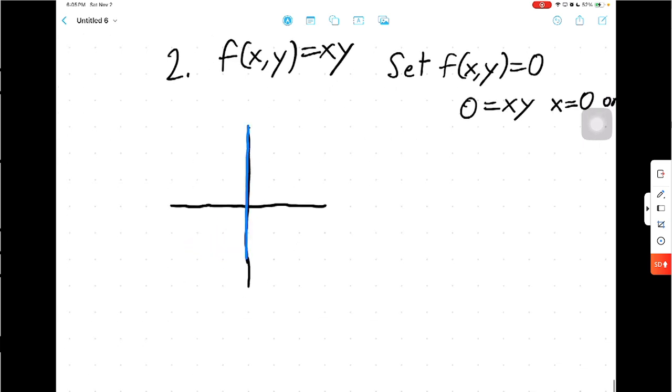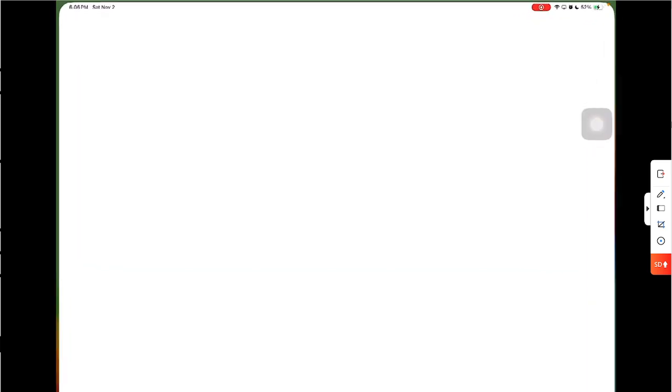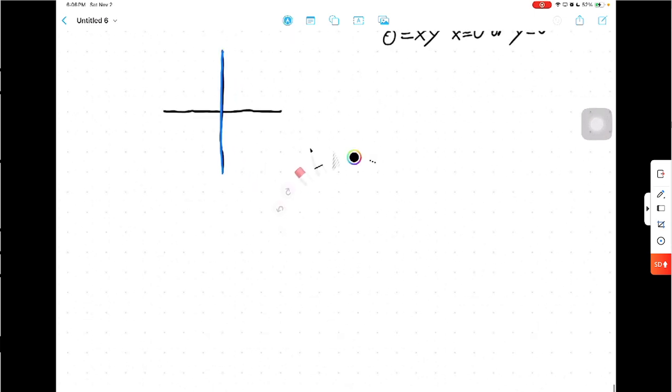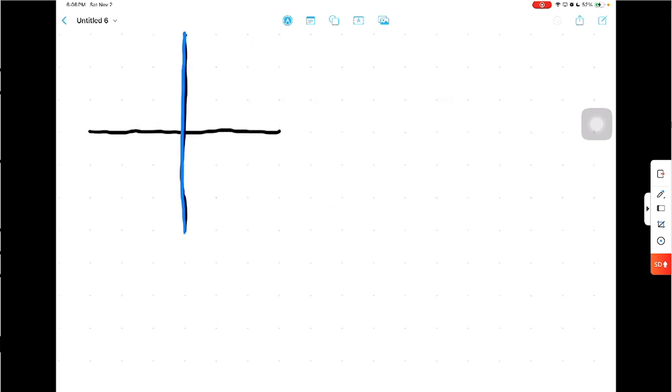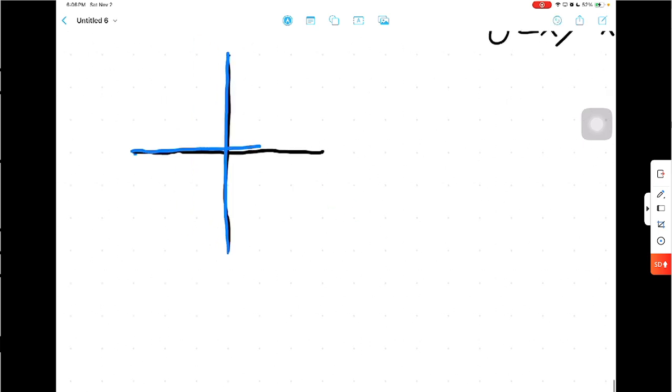So this is going to be the x and y axes.